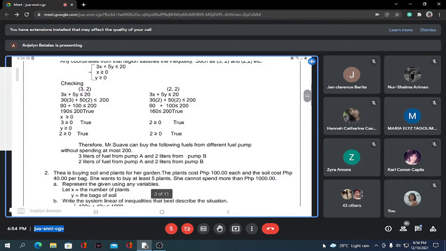There are many combinations or pairs. 3 liters of fuel from pump A and 2 liters from pump B, so he spends at most 200. Or 2 liters from pump A and 2 liters from pump B.